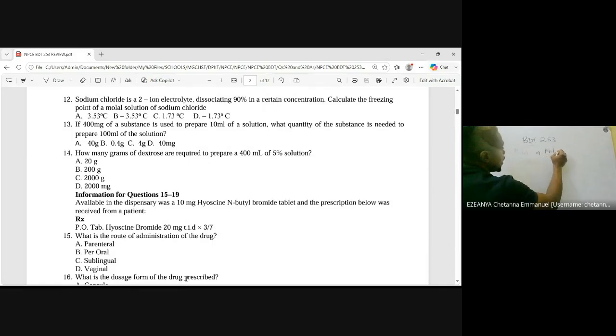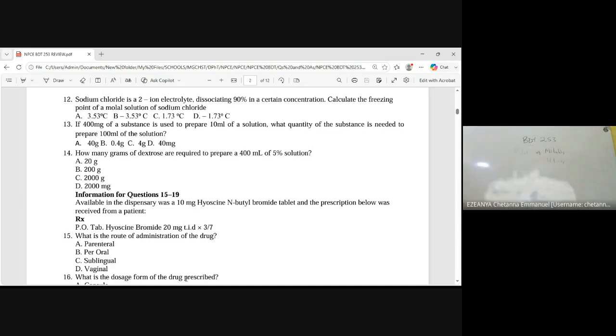Please, molality is not the same thing as molarity in your chemistry. Molarity is different from molality. They are two different things. The first one you know in your secondary school is molarity. This one is molality.